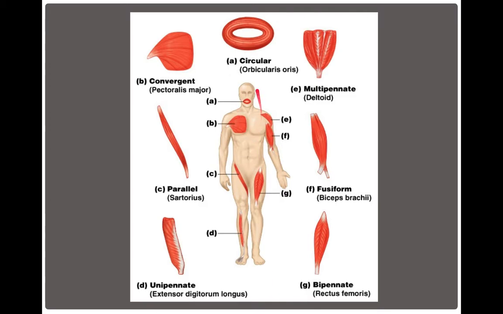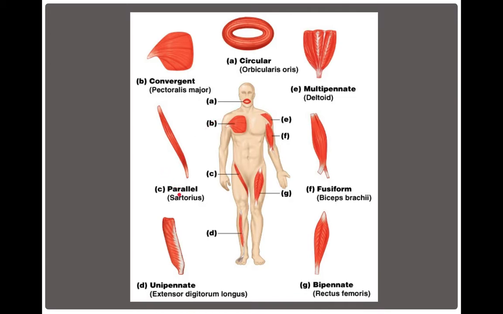For example, you have the orbicularis oris, orbicular meaning circular, and oris meaning mouth. You also have the orbicularis oculis muscles, which are found around the eyes. Another example would be convergent muscles, where the muscle fibers converge to one point at the origin or insertion point. An example of that would be the pectoralis major muscle, right there.